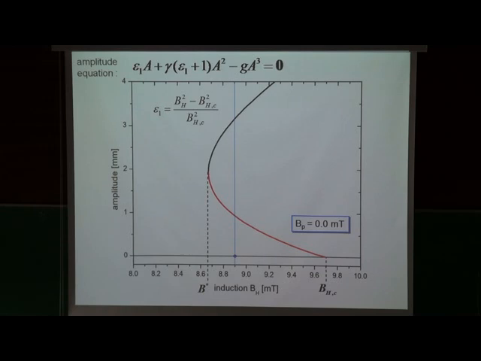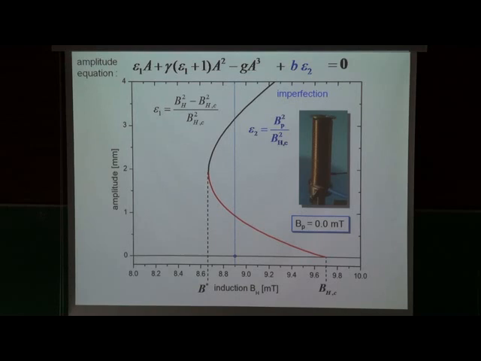And an imperfection in such an amplitude equation is well described by some additional term B and some additional parameter epsilon 2. Epsilon 1 is here the standard Helmholtz field, and here this is the probe field.